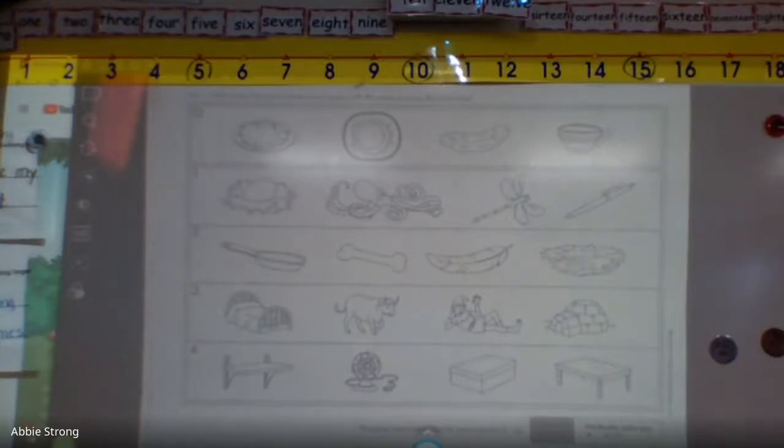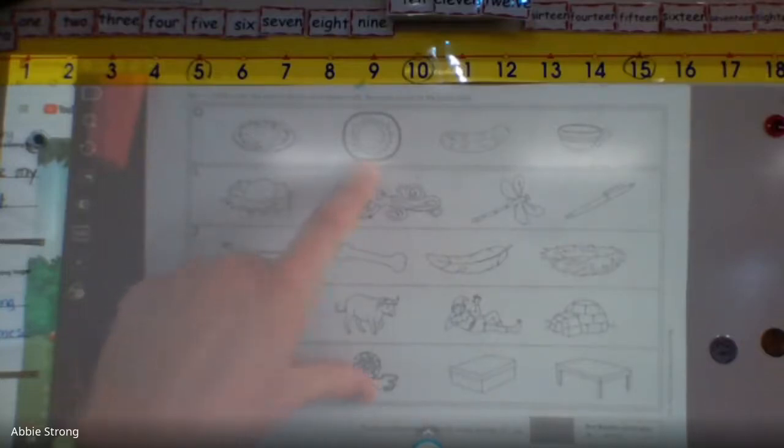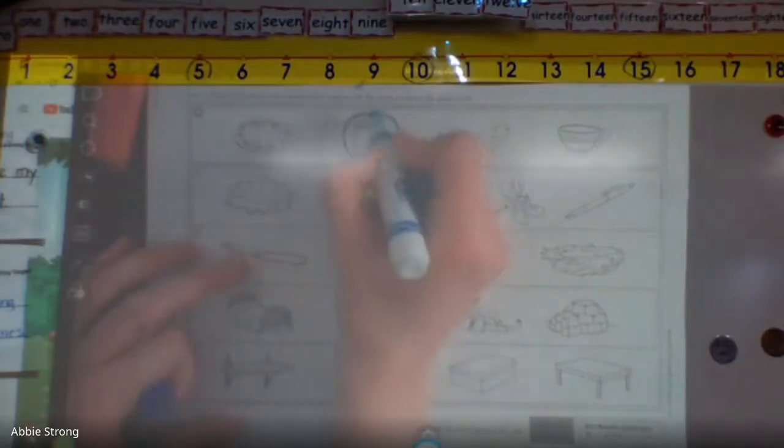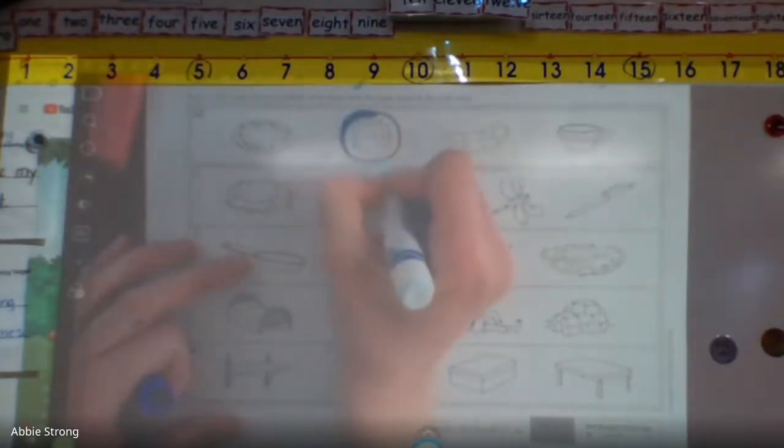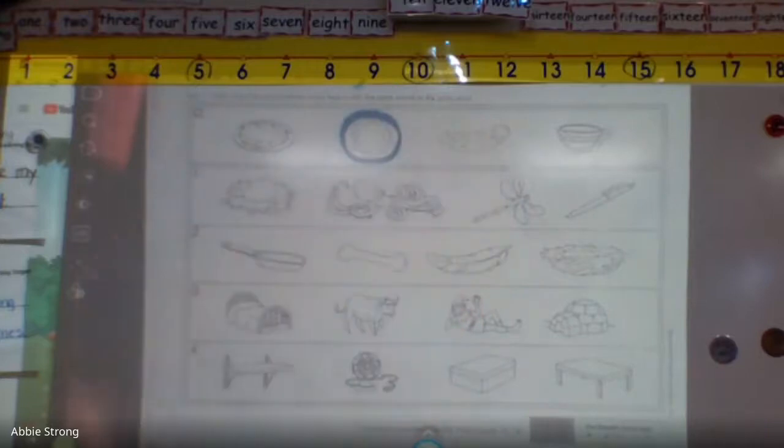Raise your hand when you have the answer for me. Which one starts the same way as sock? Haley. The sun. Everybody circle the sun. You're going to trace that with your pencil. Sock and sun both start with the letter S and make the S sound.